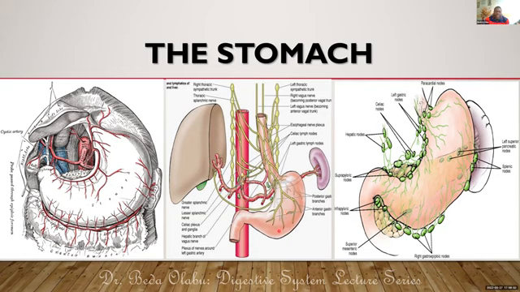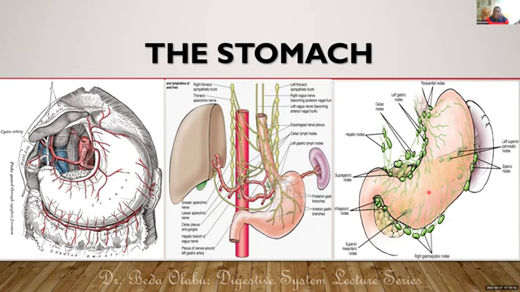From your physiology, you can help remind yourself about effects of parasympathetic stimulation to the stomach, as well as effects of sympathetic stimulation to the stomach. That is what vagal stimulation will do. So you just review that and ask yourself, what will sympathetic stimulation do? This image captures very nicely the innervation of the stomach as well as the arteries, but largely the innervation.